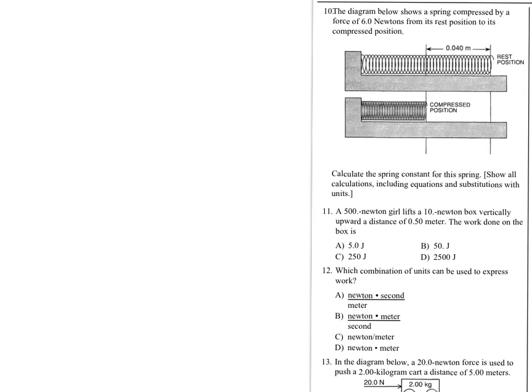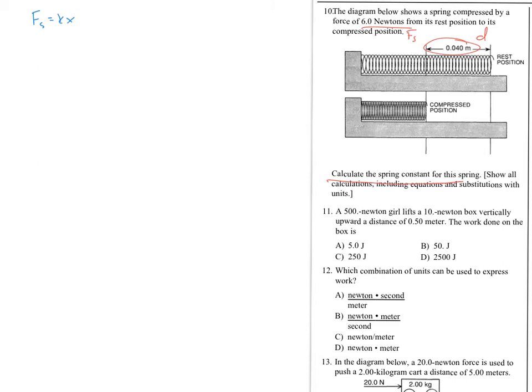10, another spring question. So we have a force of 6 newtons. We have our compression distance. And we're looking for the spring constant. It's a short answer question, which means we gotta show our work. So how would you go about doing this? First, let's start off with the equation. Fs is equal to kx.